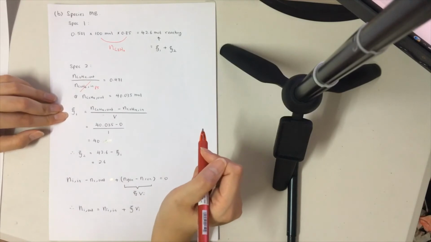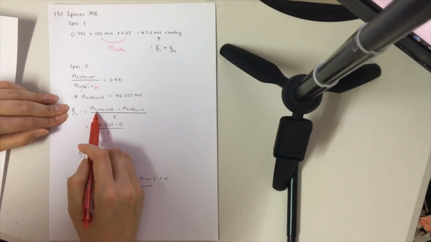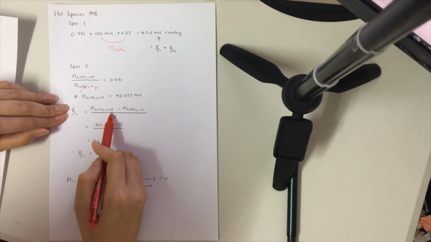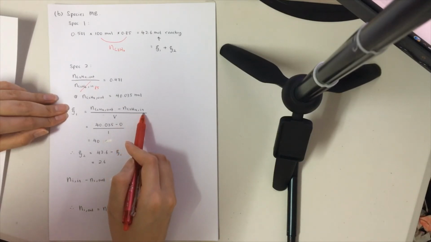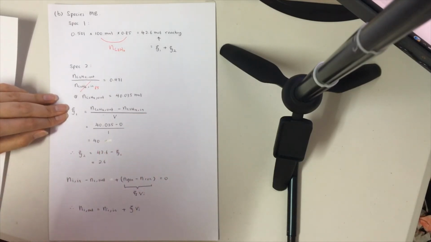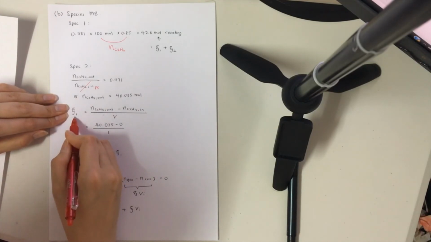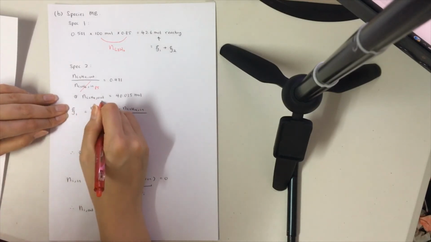So we can take the extent of reaction 1. The equation for it is the number of moles of C2H4 coming out minus the number of moles of C2H4 going in. The reason we are taking extent of reaction number 1 is because we already have the value of the number of moles of C2H4 coming out.